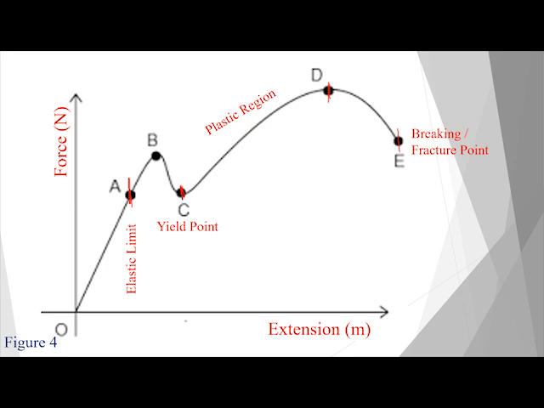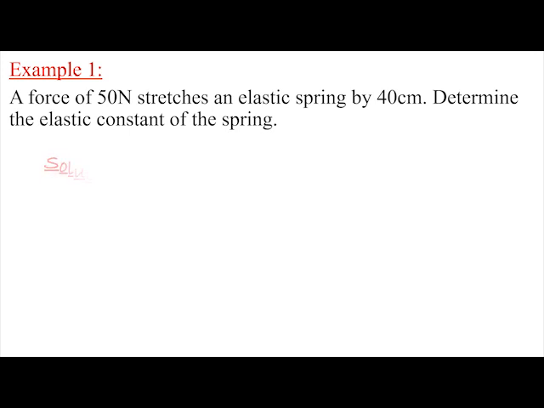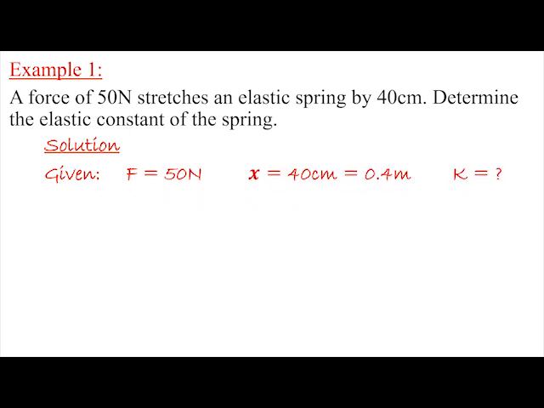For example, if a force of 50 newtons stretches an elastic spring by 40 centimeters, what would be the elastic constant of the spring? By itemizing the given parameters, F is equal to 50 Newton.